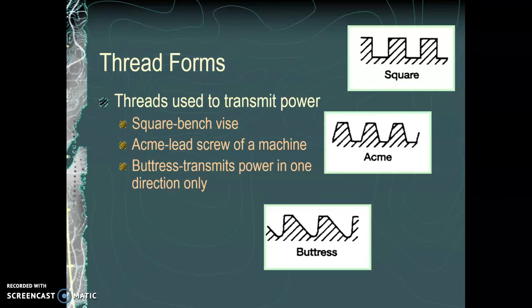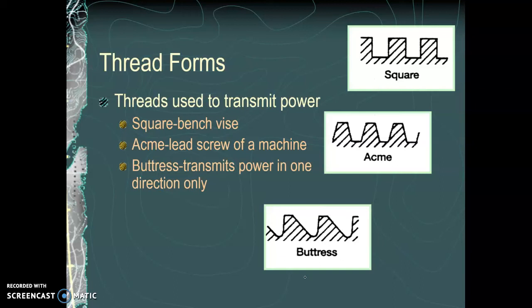But it's not the only kind of thread we might see. You might see square threads for power transmission, like in a bench vise. We've got Acme threads that have both a flat top and a flat bottom. Buttress shaped threads are used for transmitting power in just one direction.